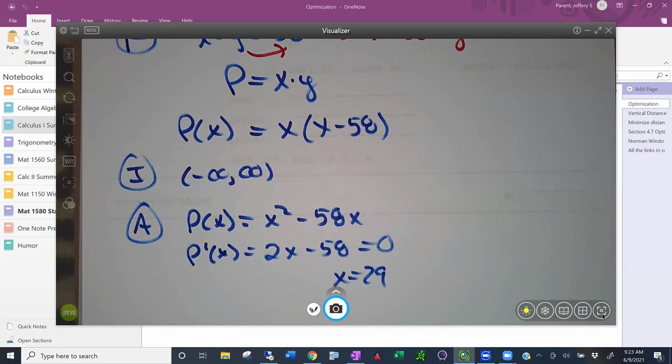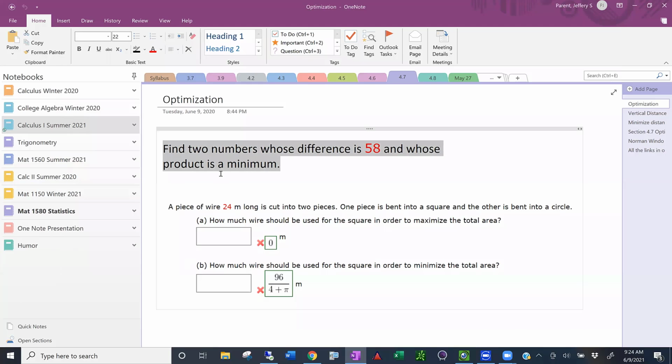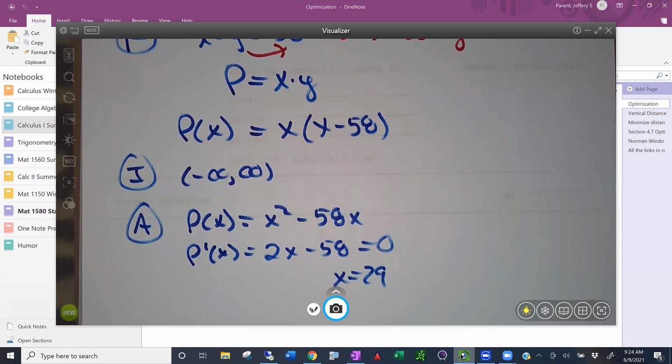Now, before you feel all triumphant and think, oh, phew, cool, done with that one, let's look back at the problem and check out one detail. We need to find the two numbers whose difference is 58 and whose product is a minimum. I only see one number. How would I get the second number?